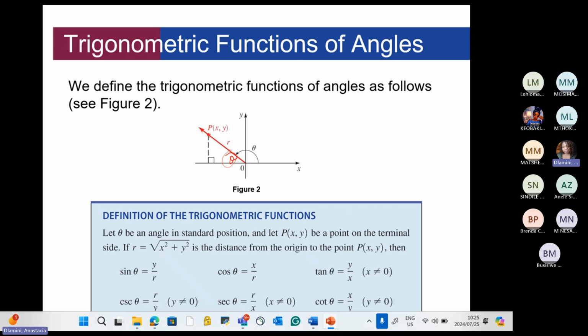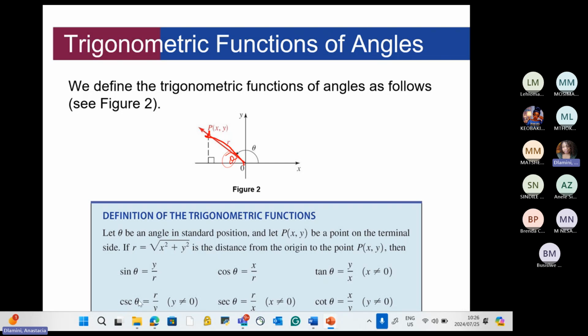Now they're saying the definition of the trigonometric functions: let theta be an angle in standard position, and let P be a terminal point with coordinates (x, y). If r equals the square root of x squared plus y squared is the distance from the origin to the terminal point P, then sine theta equals y over r, cos theta equals x over r, tan theta equals y over x.